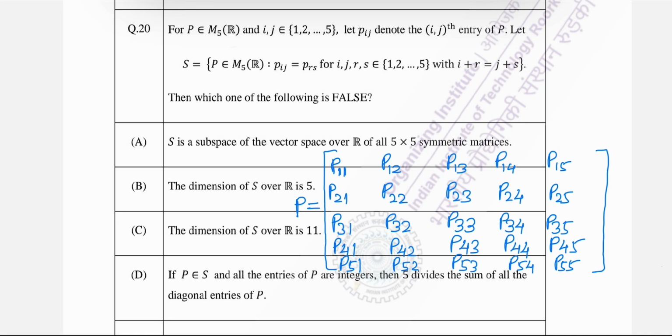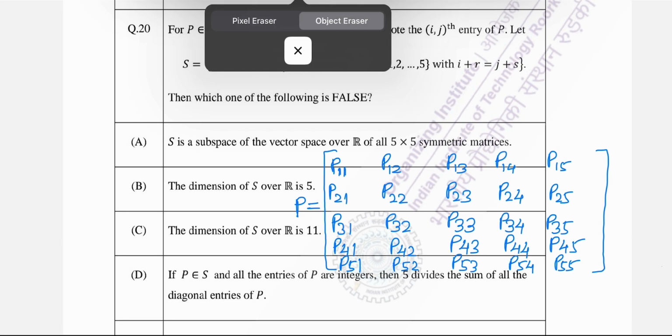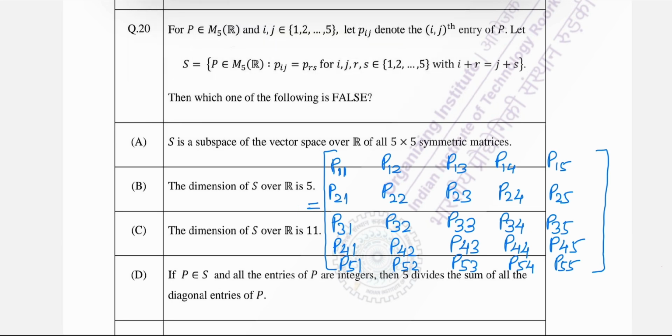So I will change this matrix P into S. I have erased P and now I type S in red. Accordingly the entries inside the matrix will be changed, applying those two conditions.